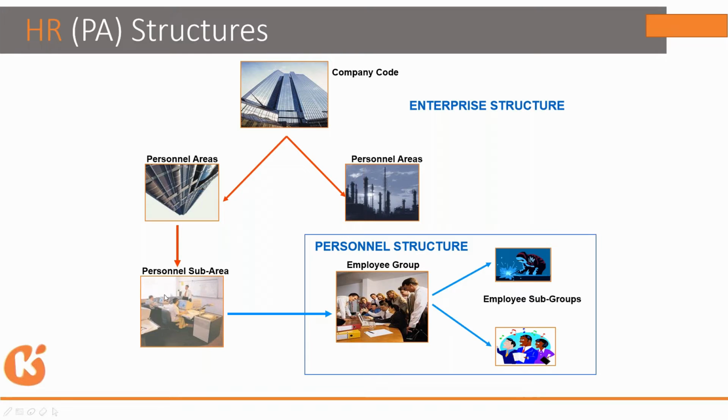Then you can also see each of your personal areas has a sub area coming, like you can see the sub area here, there's one person standing and other people are working on this, so kind of a training department, right? And then there is a person structure which is employee group and employee subgroup.